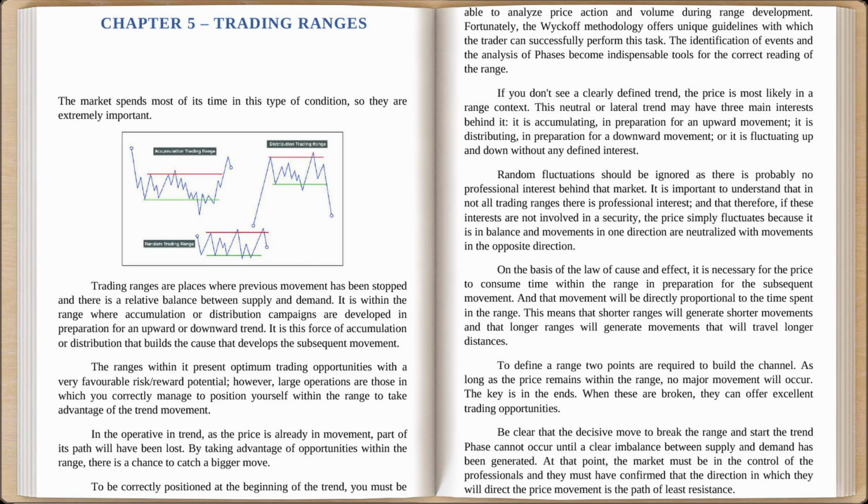Be clear that the decisive move to break the range and start the trend phase cannot occur until a clear imbalance between supply and demand has been generated. At that point, the market must be in the control of the professionals, and they must have confirmed that the direction in which they will direct the price movement is the path of least resistance.